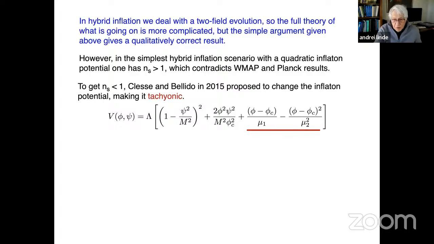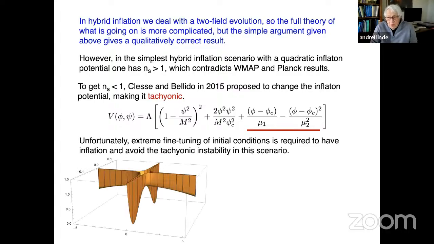Unfortunately, that's the problem, because if you plot the potential for this model, you will see, not unexpectedly, that if you start with a theory which has a tachyonic potential, then for the main range of initial conditions, instead of realizing hybrid inflation, you just have a global instability when the scalar field, because of the tachyonic instability, starts rolling down, and then the universe quickly collapses.